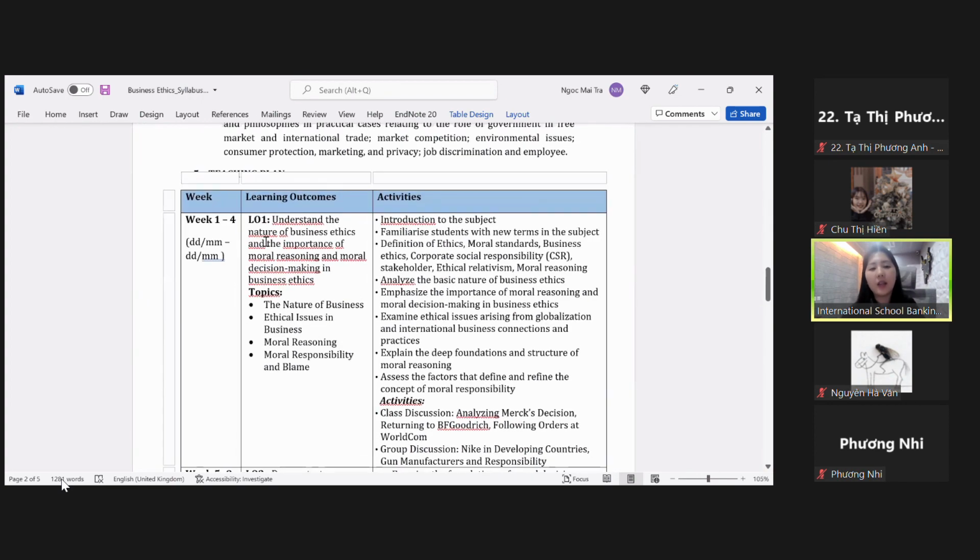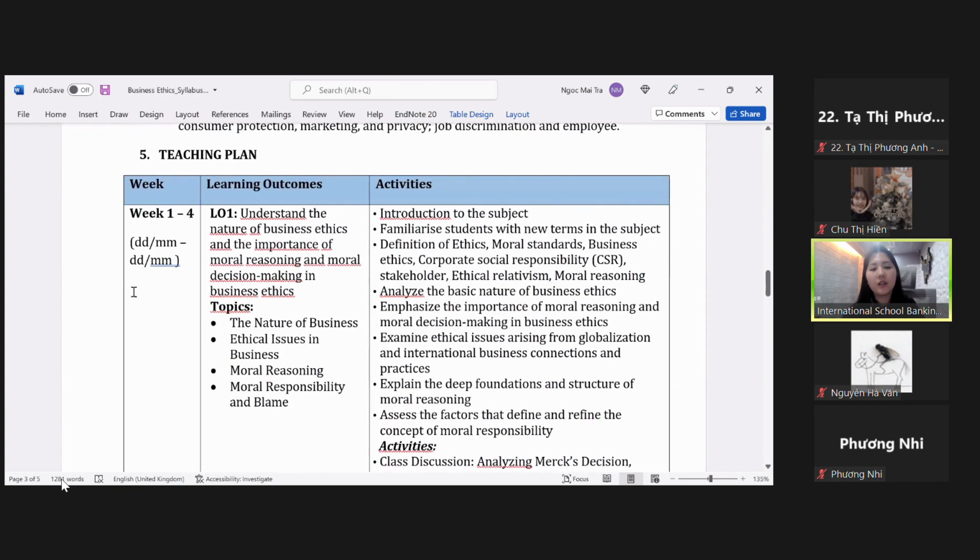As you can see right here, from week 1 to week 4, the whole month, we will discuss very carefully chapter 1 of the book in order to understand the nature of business ethics and the importance of moral reasoning and moral decision making in business ethics.